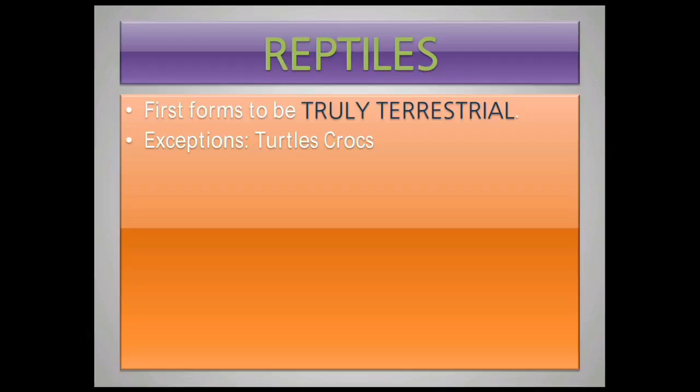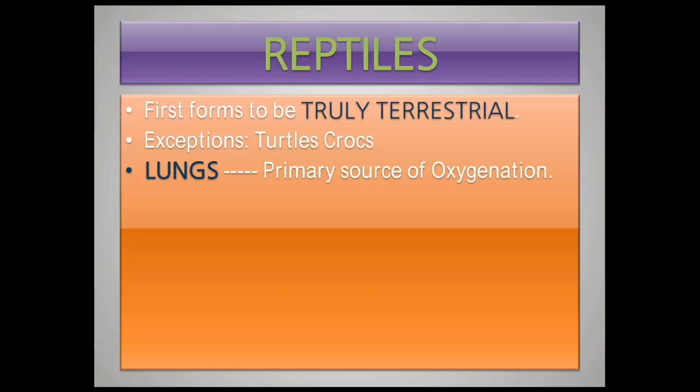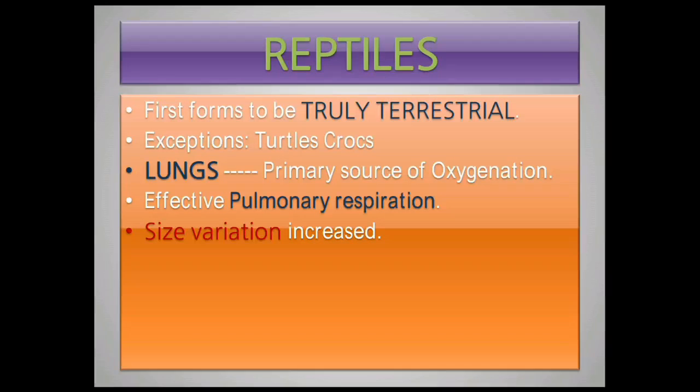There are some exceptions like turtles and crocodiles, but still all the reptiles are terrestrial in their environmental conditions. They have lungs as the primary source of oxygenation. As they are terrestrial, they have lungs for respiration. There is an effective pulmonary respiration in reptiles, because they have a well-developed respiratory system.